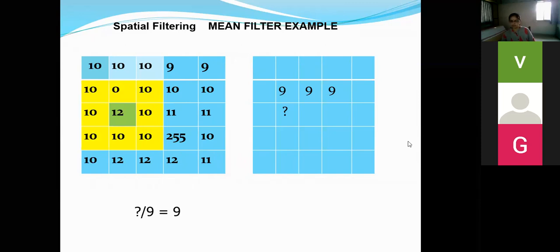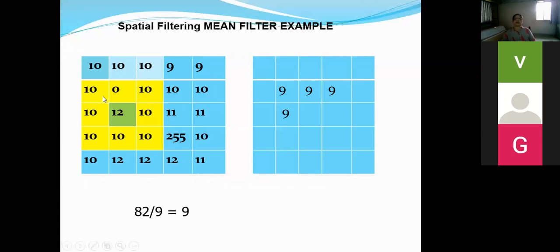Okay, so I'm getting a few answers for this new pixel. Let me check which answer is correct. Again, if you add all these 9 pixels, the addition is 82. 82 divided by 9, approximated to the next integer, gives you the value 9.